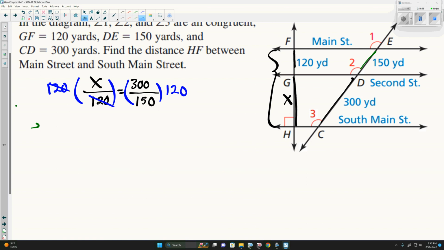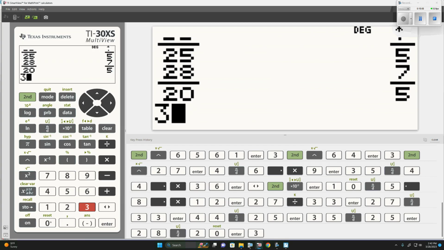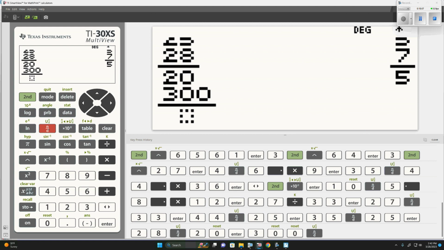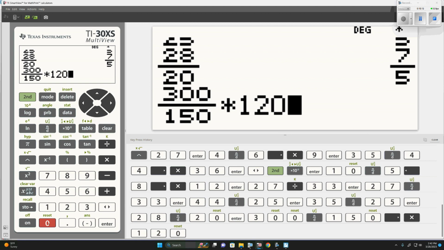So 300 over 150, wasn't it, and we're multiplying it by 120.